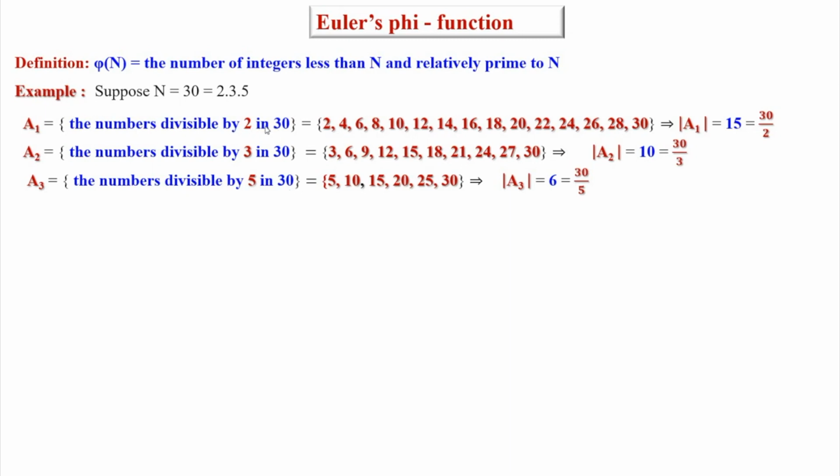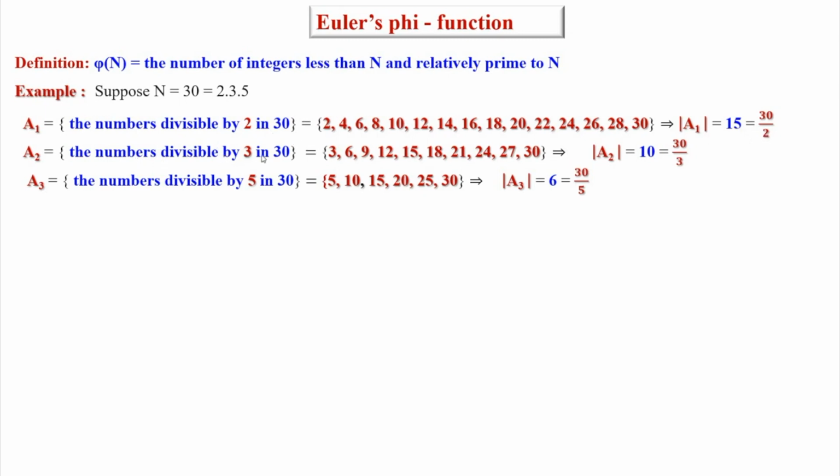Now when we list it out, 2, 4, 6, 8, 10, 12, 14, 16, 18, 20, 22, 24, 26, 28, 30, all are multiples of 2, so they are all divisible by 2. The number of such numbers, the order of A1, is 15, and we note that this 15 is 30 divided by 2.